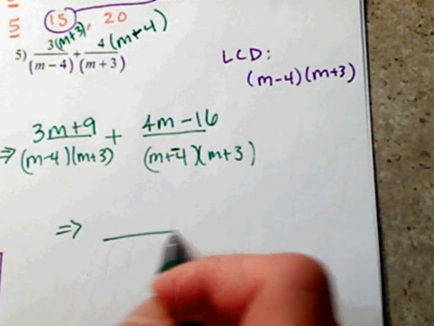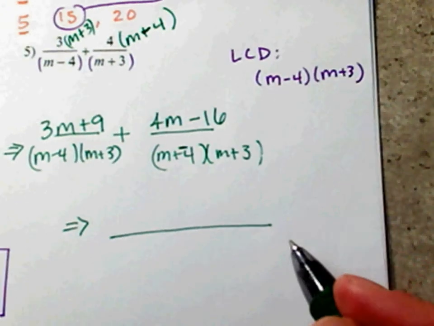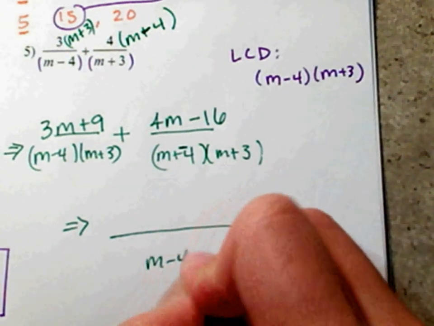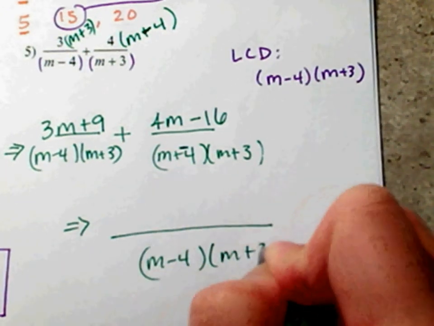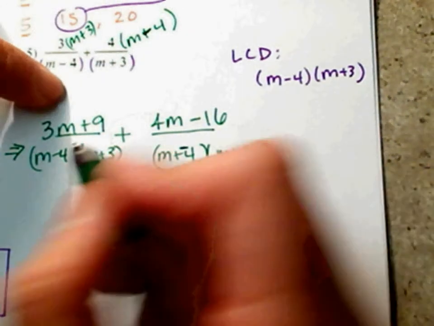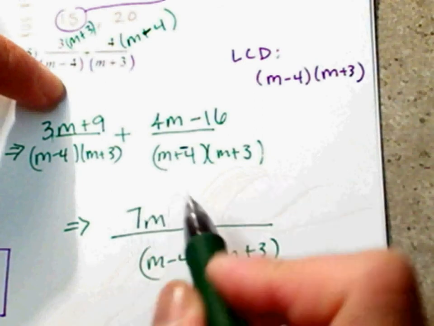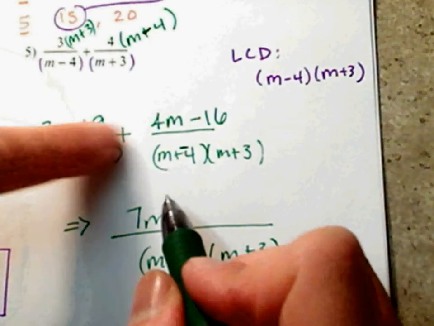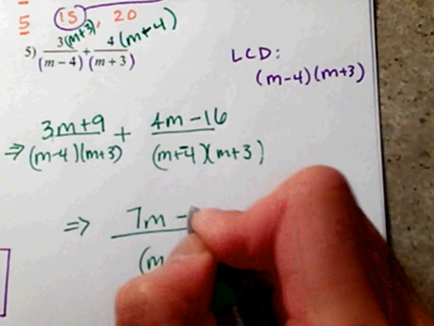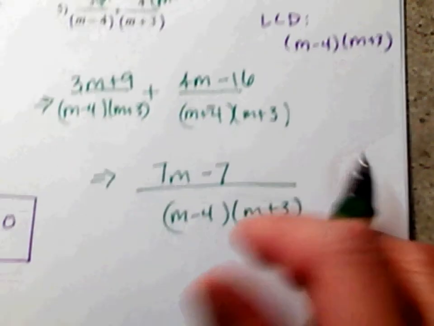Go ahead and rewrite it as one fraction. M minus 4 times m plus 3. Combine your like terms. 3m plus 4m is 7m. 9 minus 16 is negative 7. You can leave your answer like that, or you can simplify.